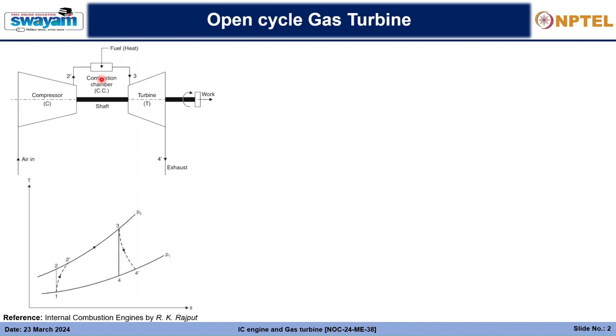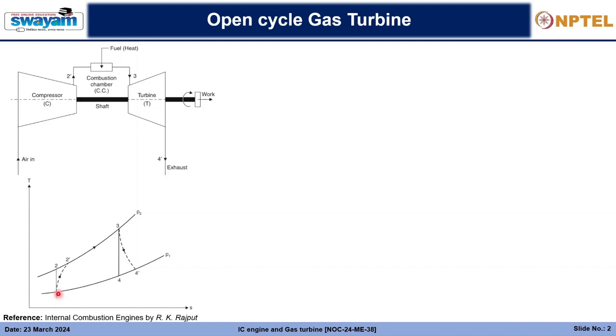Accordingly, this is the TS diagram of the open cycle gas turbine. In the compressor, we follow the path 1 to 2, and since the components are not isentropic, or reversible adiabatic, we will have to follow the path 1 to 2 dash. We calculate the work done as a function of the temperature difference between the path ends.